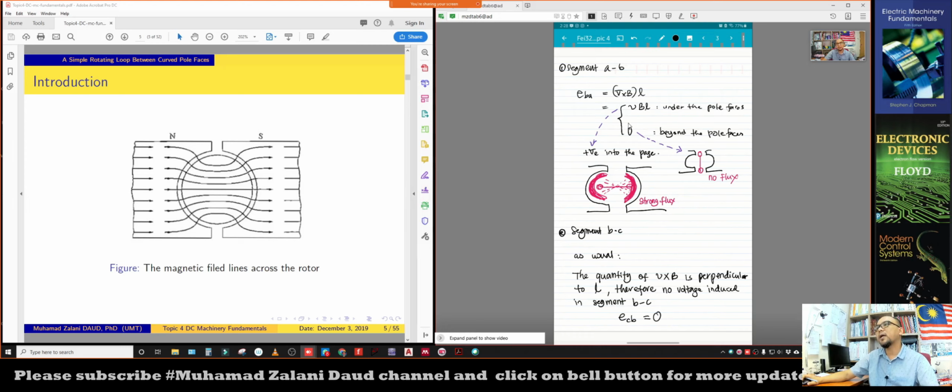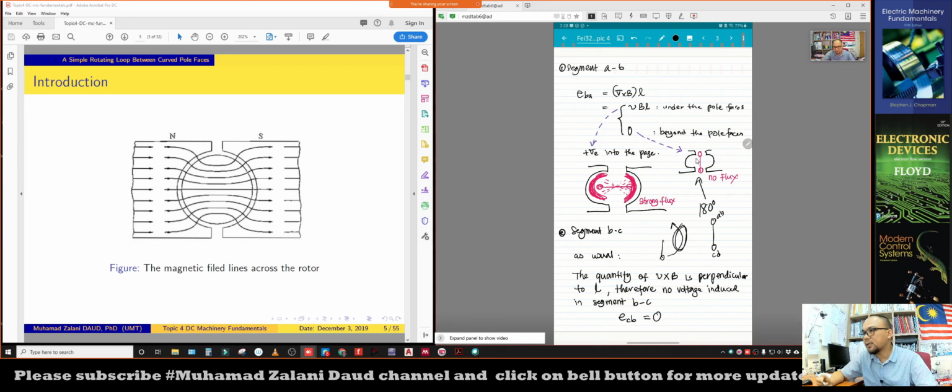But when AB reaches the place where there is no flux, which is at 180 degrees, which is here. Let's say AB starts from here, and then it rotates.